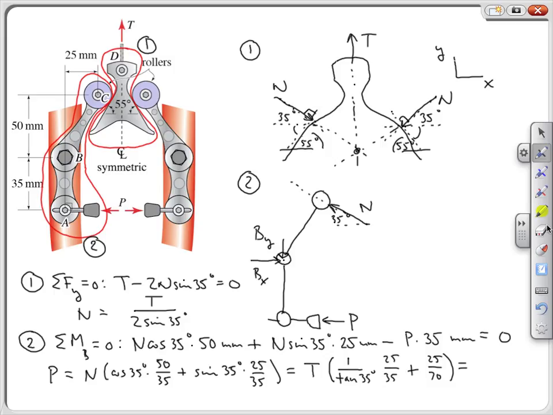And that number in parentheses turns out to be 1.377 T. So that gives us the amplifying factor between the input tension and the force on the brake pad at P.